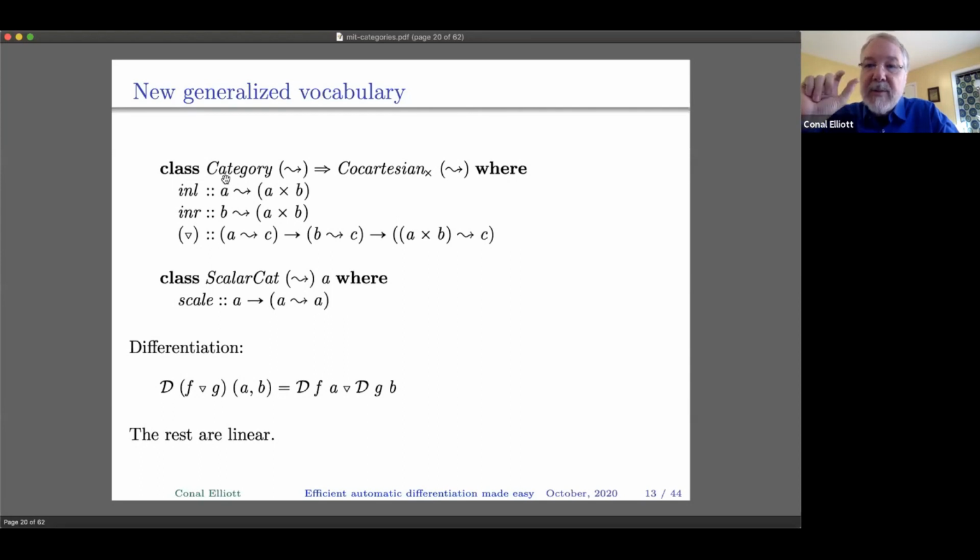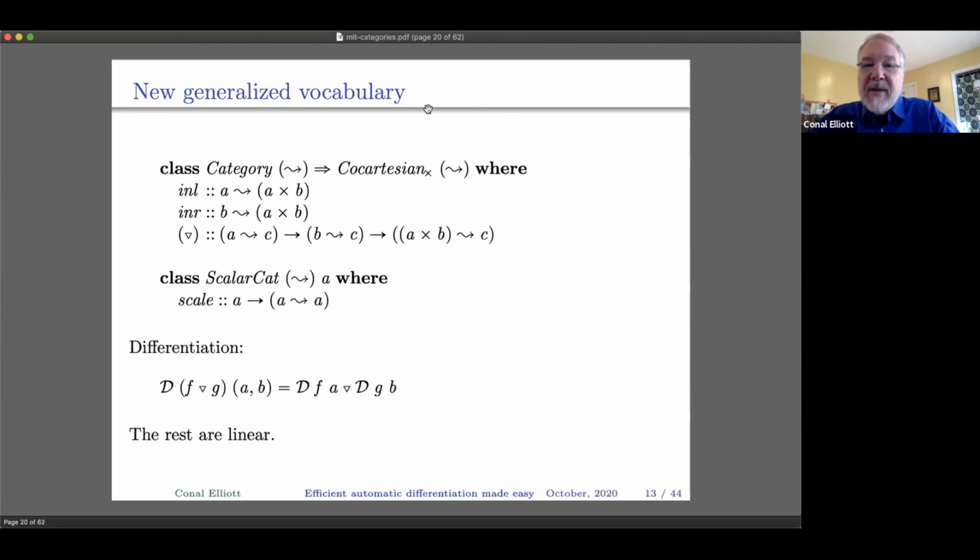So linear algebra is a special categorical setting called biproduct categories. That's really the general setting of this AD work, and a lot of other things you can do with linear algebra. A biproduct category is a category that has products and coproducts, so it's bicartesian, and the products and coproducts coincide or are isomorphic.